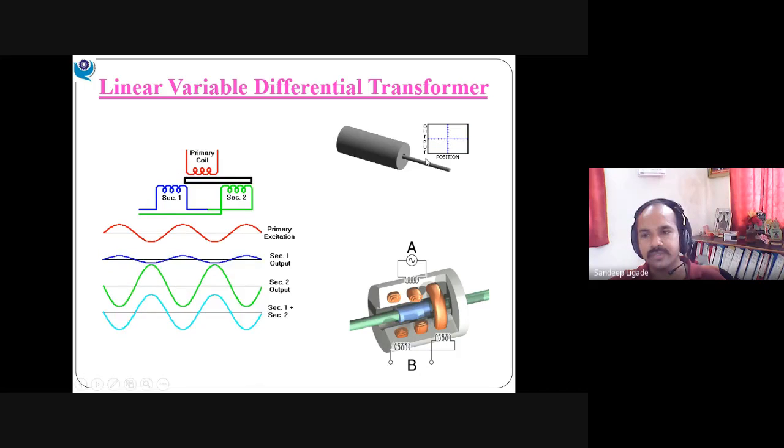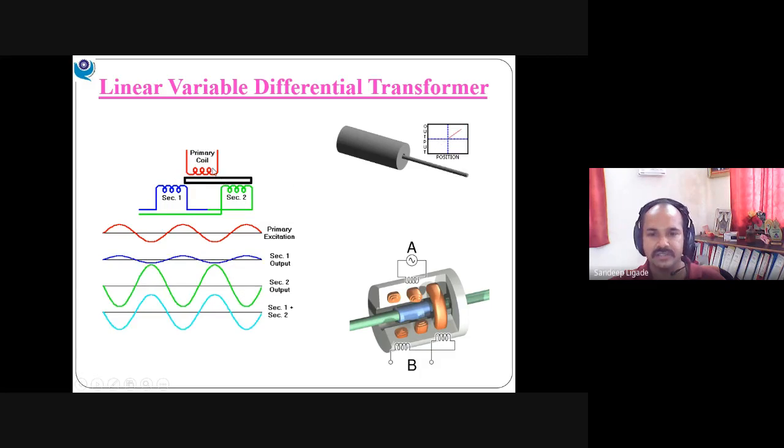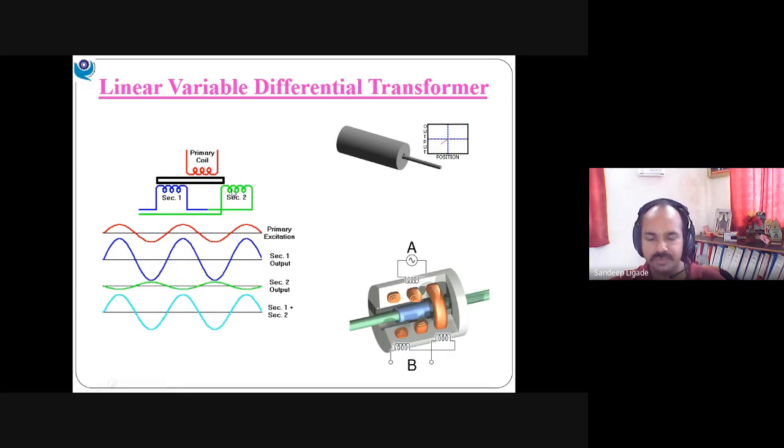Via graphical representation, when the core is outside, voltage is positive. When the core is inside, voltage is negative. Fine. So graphically, the voltage never starts from zero. It looks like it starts from zero, but due to the presence of the inductor, somewhat of a residual voltage is present.